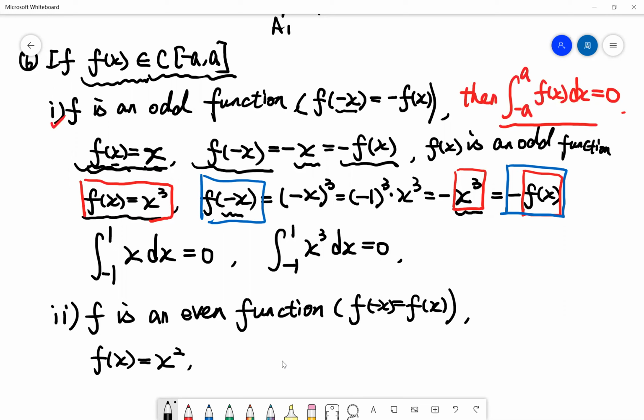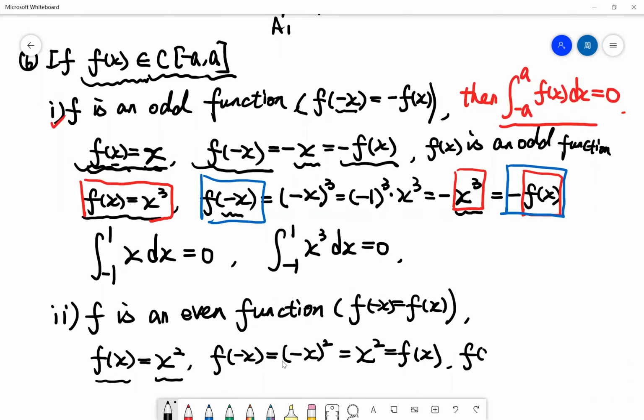So guys, you can check that f of minus x here will be minus x squared, right? And that is x squared. And x squared is f of x. So here we know that f of x is an even function.